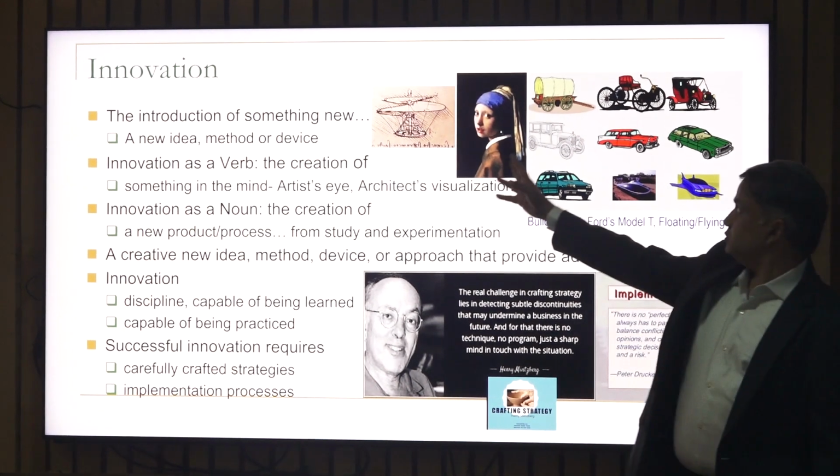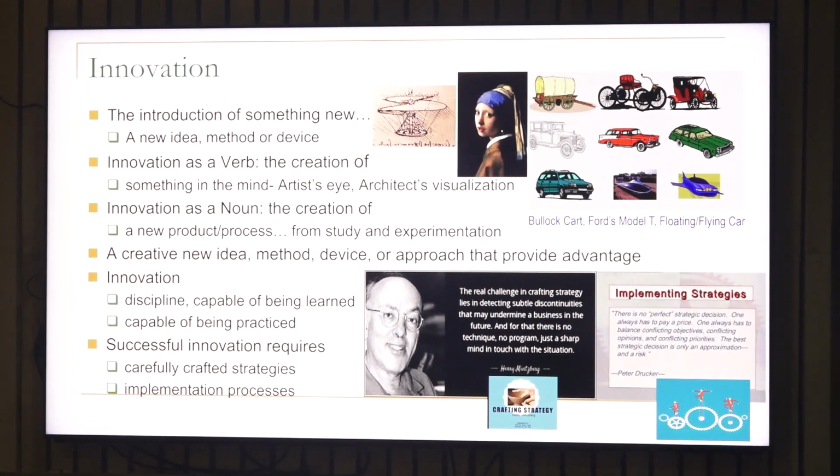Another, if you see, is this very famous painting, Girl with a Pearl Earring. The most celebrated painting in the world is Leonardo da Vinci's Mona Lisa, with its so-called mysterious smile, and this is the second most famous painting in the world.